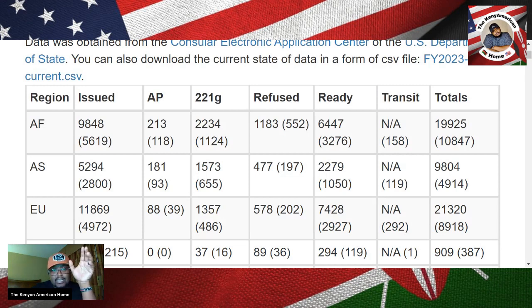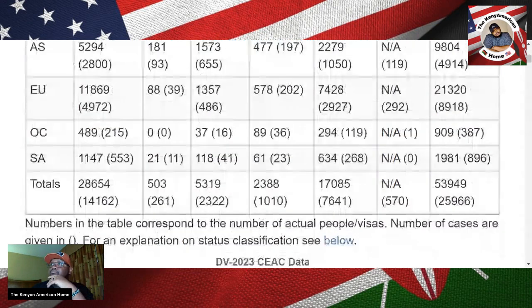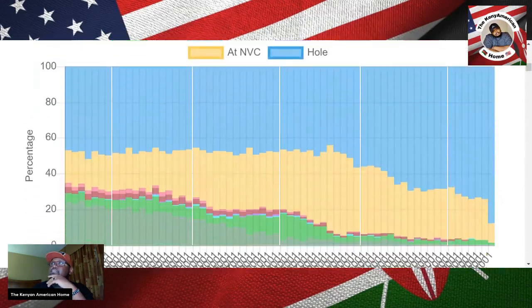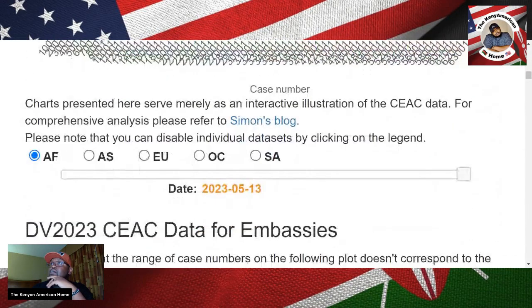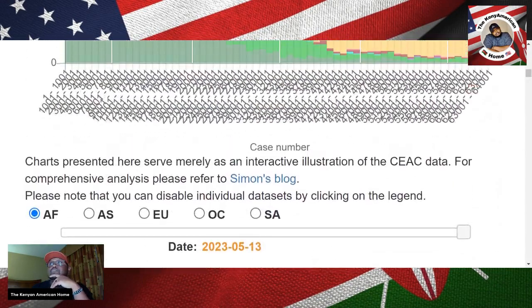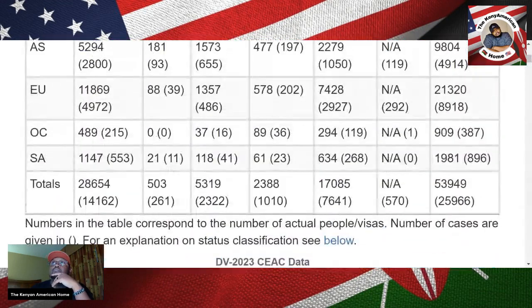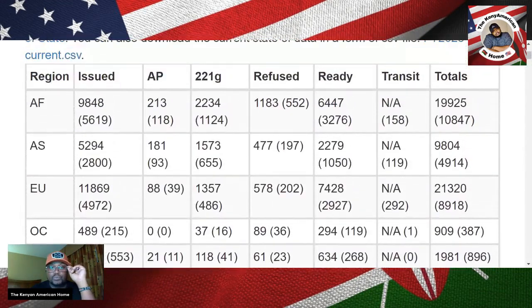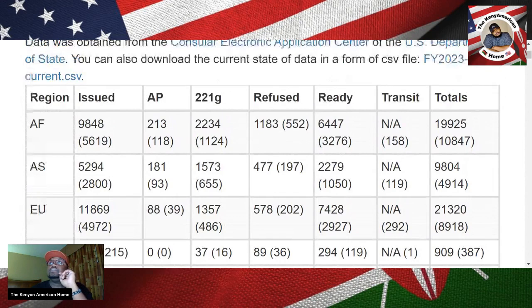And the cases that have been processed in Africa are 5,619 up to today. We still have about four and a half months to September 30th. About 118 cases are in administrative processing.